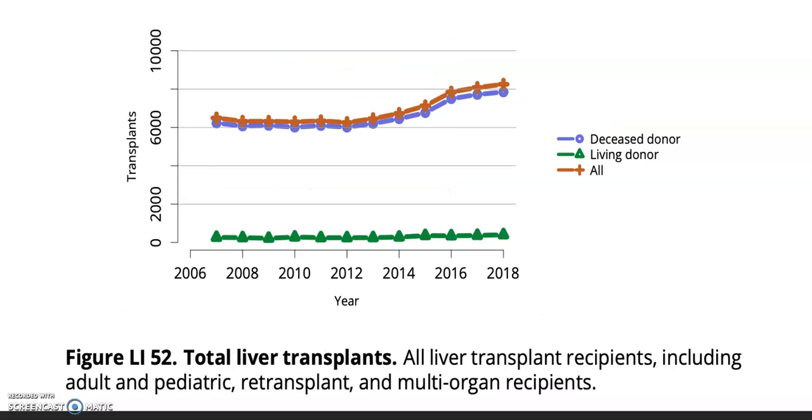This slide shows the number of transplants which are being performed in the United States, deceased and living donor, and you can see that the number of deceased donor liver transplants is going up for the last several years. The number of living donors have not changed a lot due to donor availability and strict regulation for living donation.